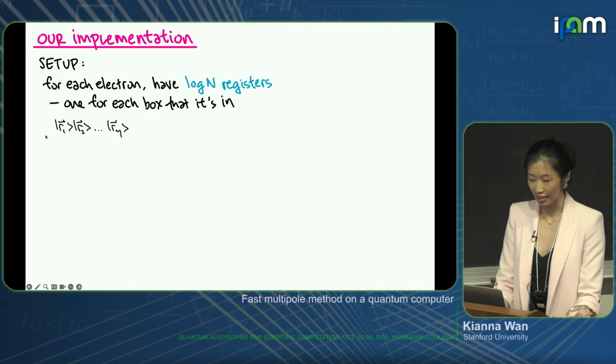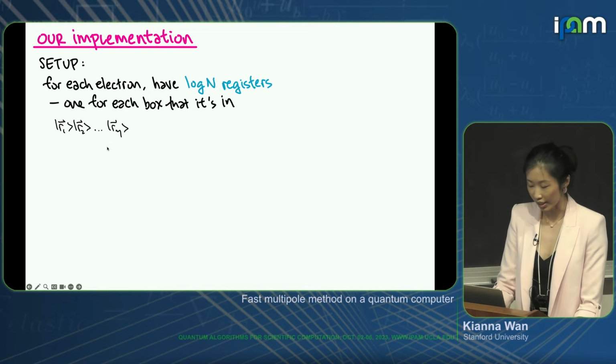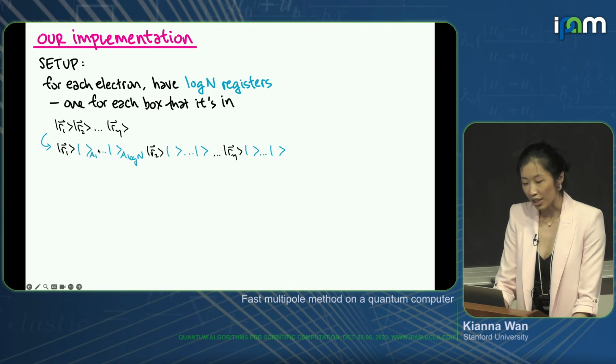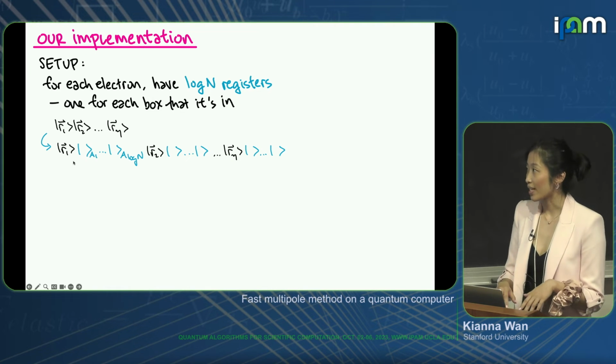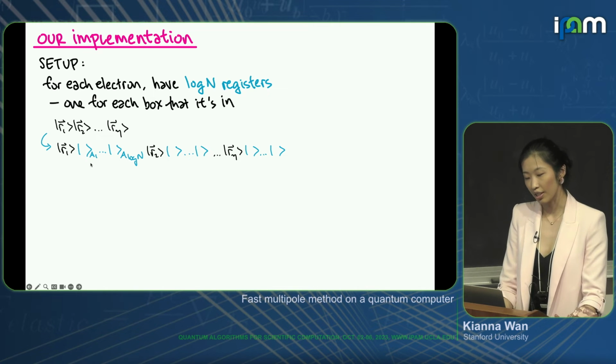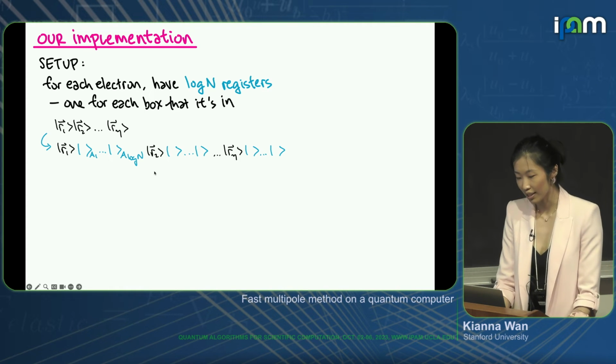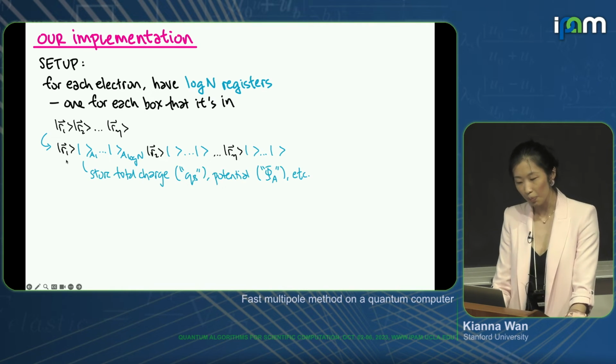So remember, our state is some superposition of states of this form, which encode all the electron positions. So to each electron position, we attach log n different ancilla registers. So here, for instance, A1 to A log n denotes the log n different boxes that R1 is in.